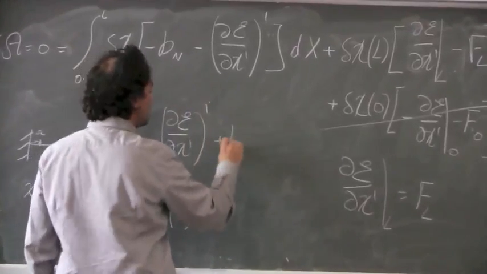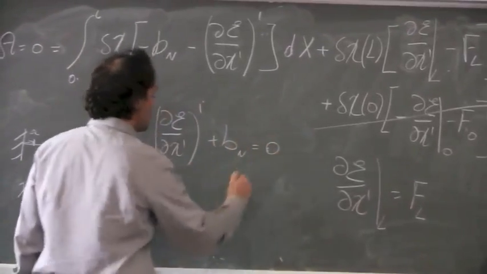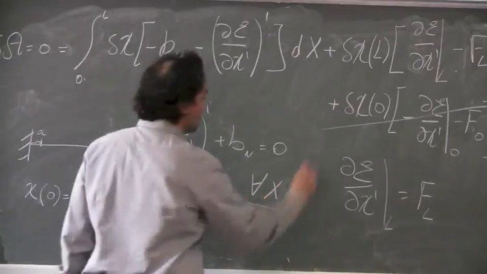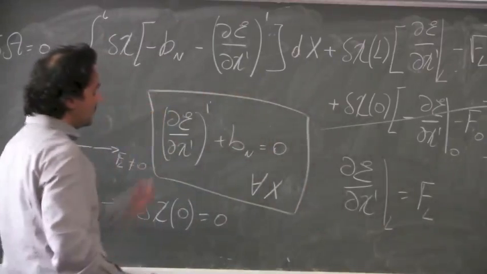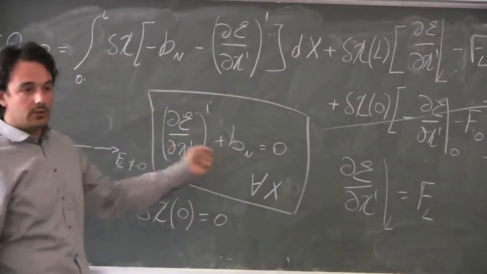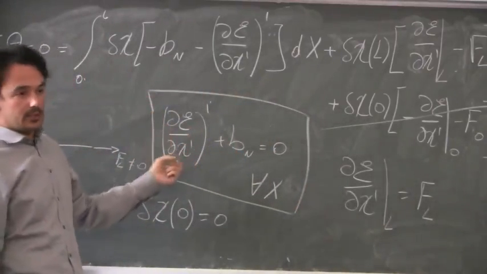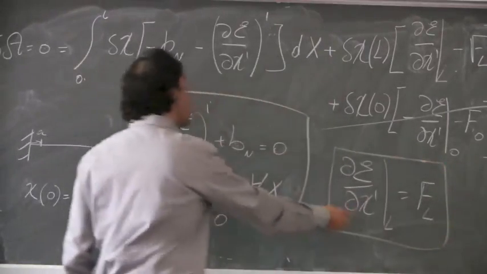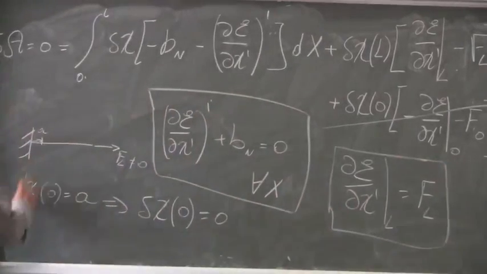Prime plus bn equal to 0, and this is for every x. So you have this one, that is your differential equation. In 3D it will be a partial differential equation, you will see, and then a boundary condition. That is not only this boundary condition, but also this one.